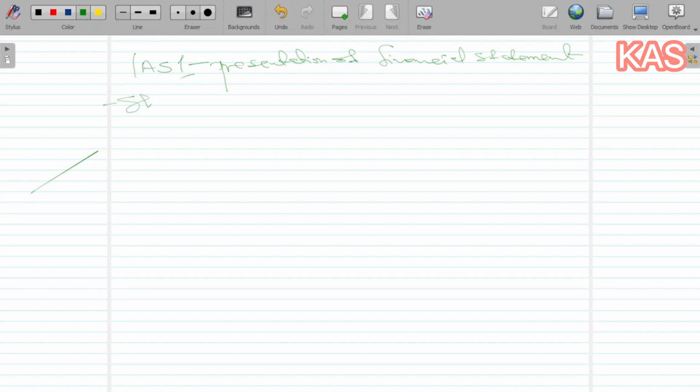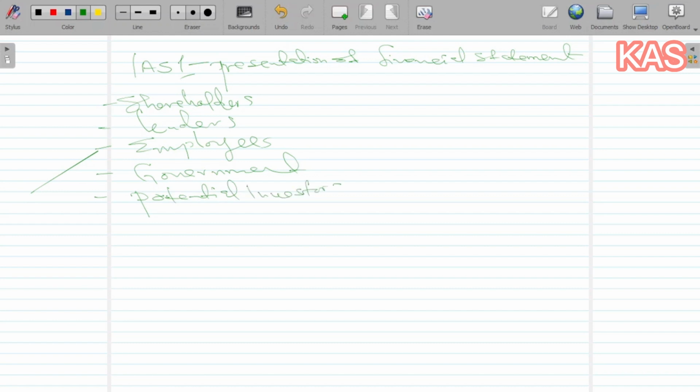One, we have the shareholders, we have lenders, we have employees, we have governments, we have potential investors. So these are some of the users of this financial statement.